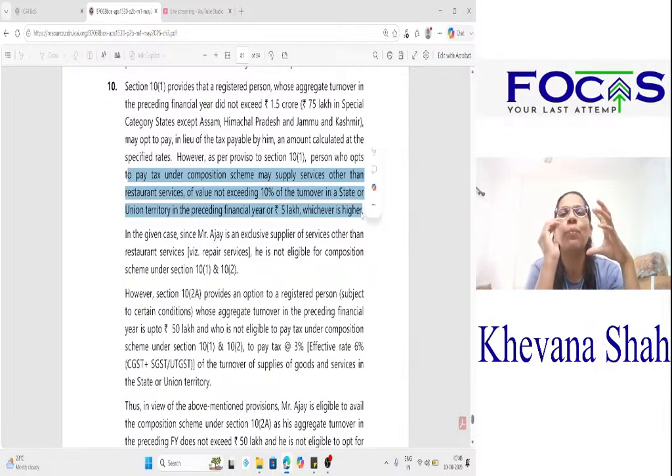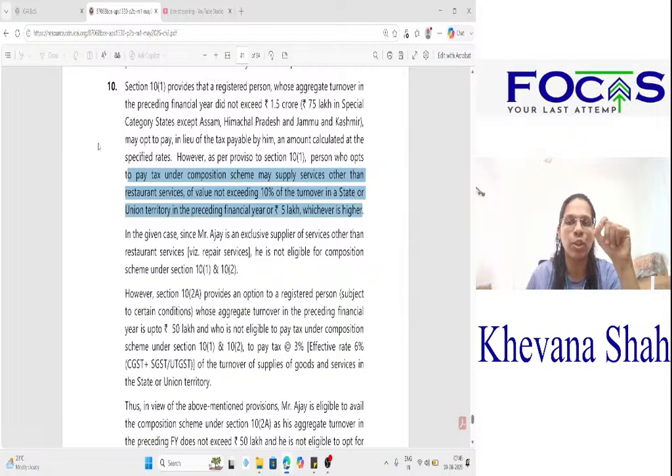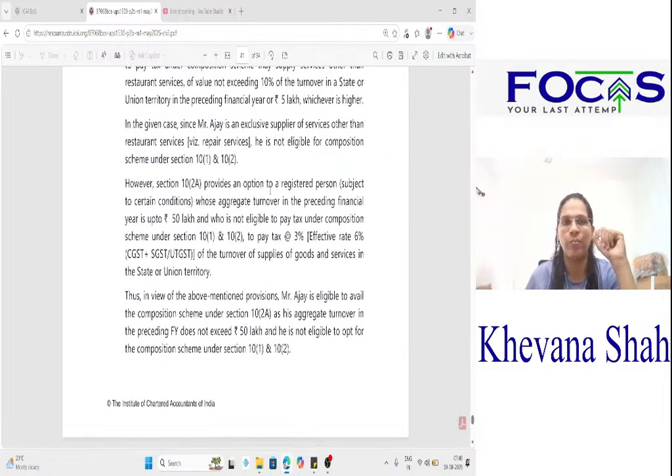If you are providing any services other than restaurant services, then the value of those services should not exceed 10% of the turnover, or 5 lakhs. The higher of these two limits is the amount of services that you can provide other than restaurant services in case you want to opt for composition scheme under section 10(1).